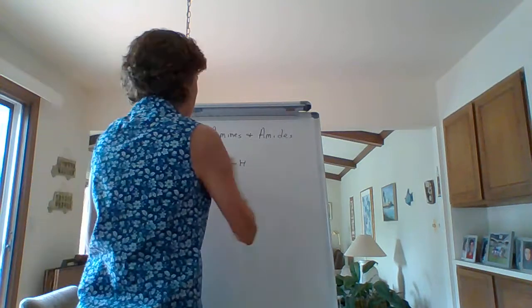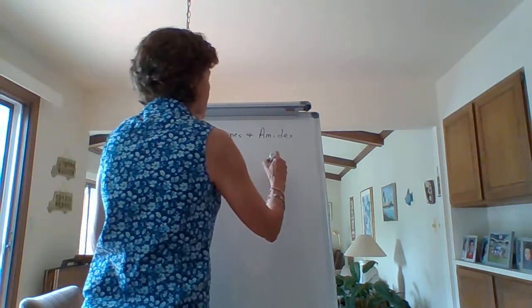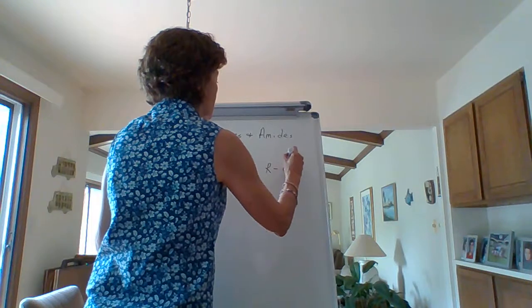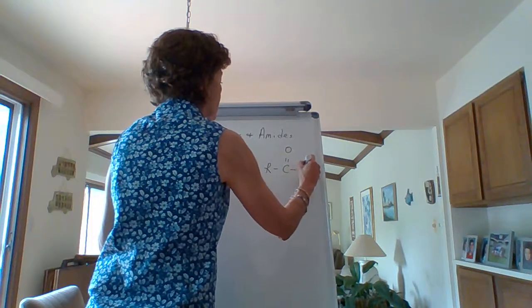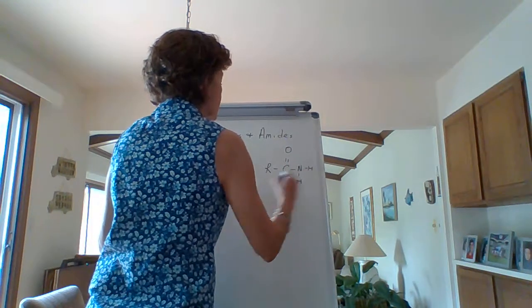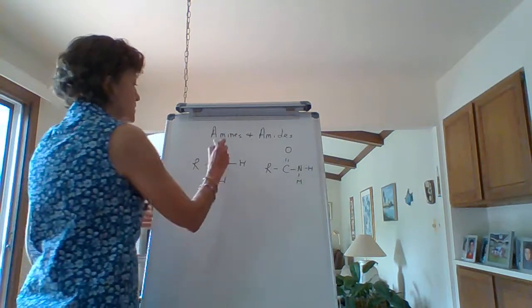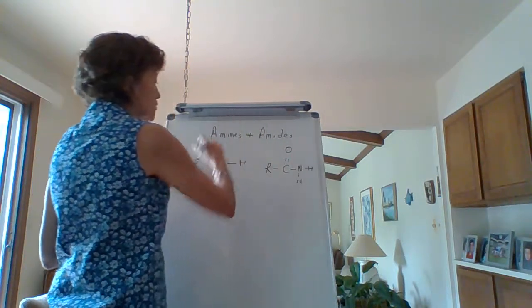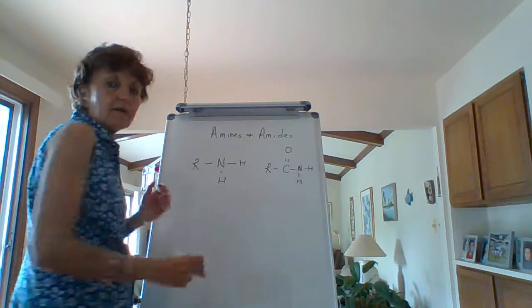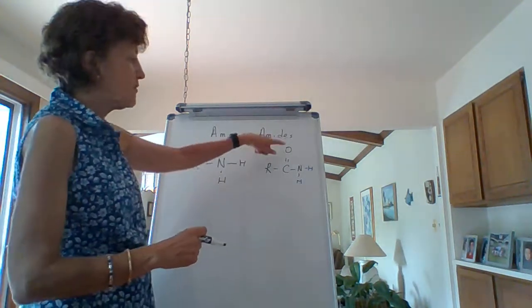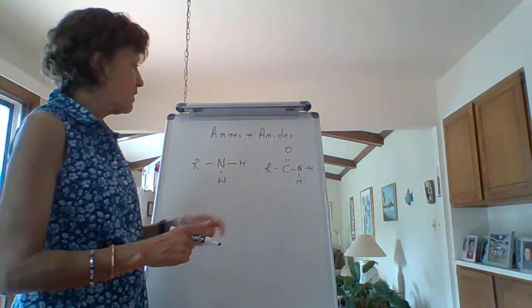And an amide has this functional group. Okay, so this is what an amine looks like. This is what an amide looks like. An amide has to have a carbonyl attached to the nitrogen.